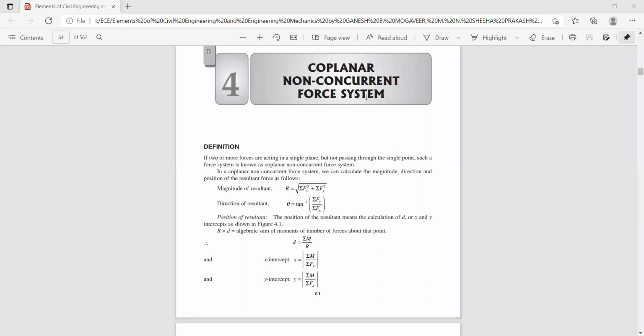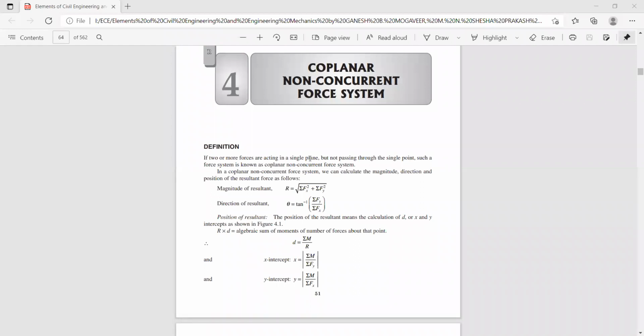Now today we shall discuss coplanar non-concurrent force system: how to determine the magnitude, direction, and position of a given coplanar non-concurrent force system. The definition is: if two or more forces act in a single plane, that is the XY plane, but do not pass through a single point, such a system of forces is known as a coplanar non-concurrent force system.